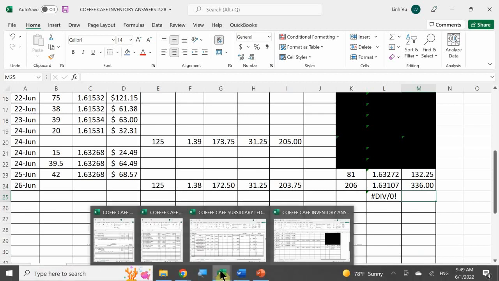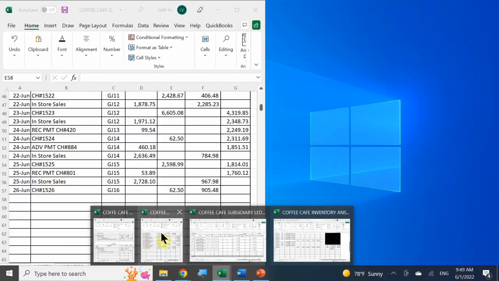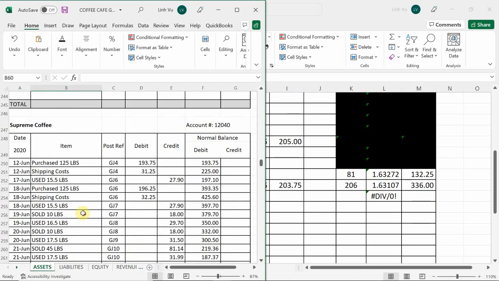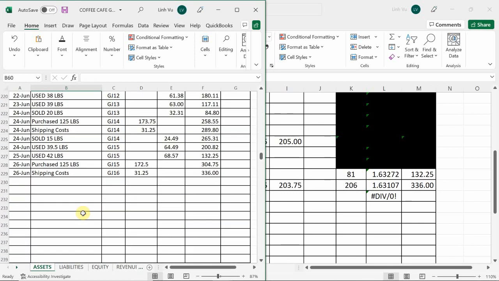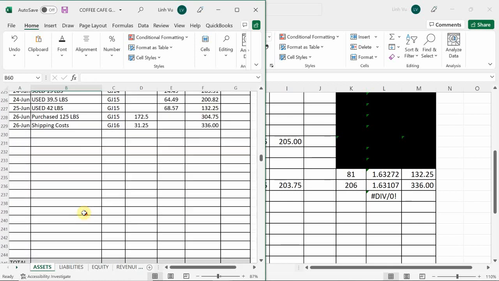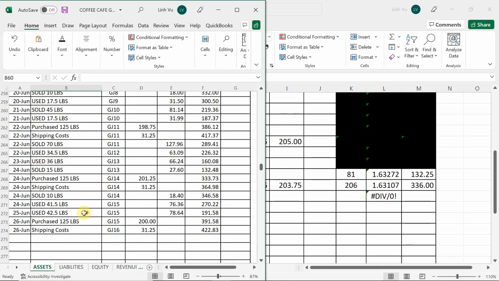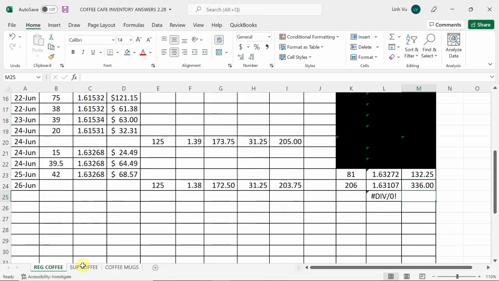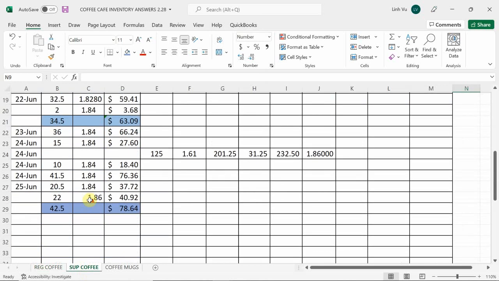So again, does that match my ledger in my inventory? It should. My regular coffee, I should have $336. Yes. So next, I have my Supreme coffee.